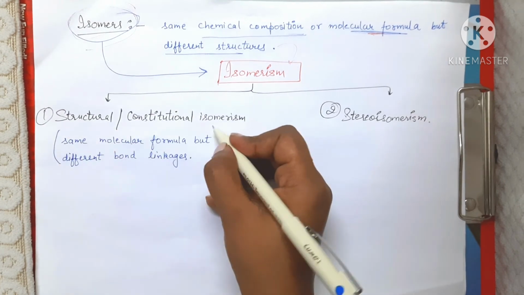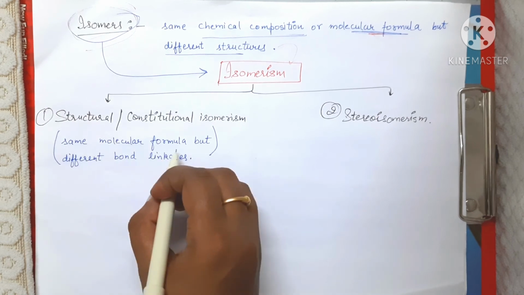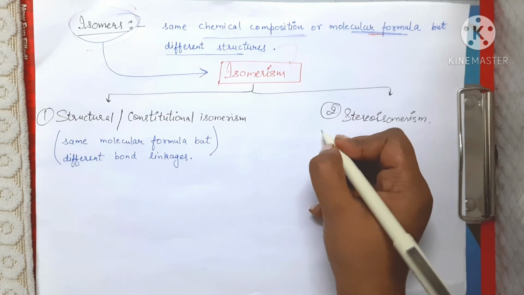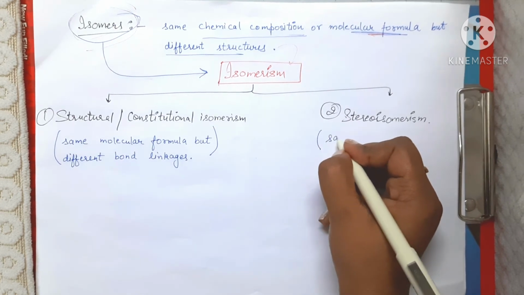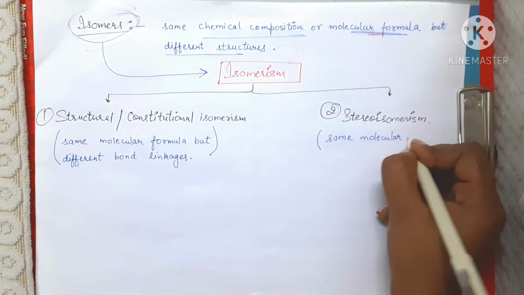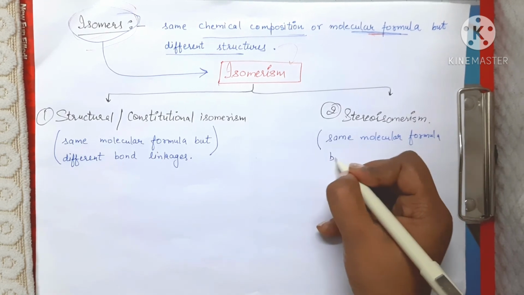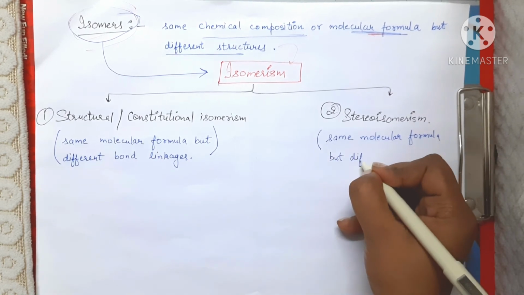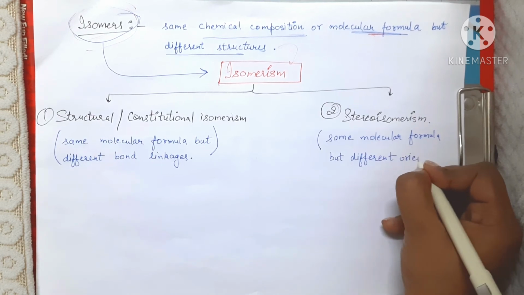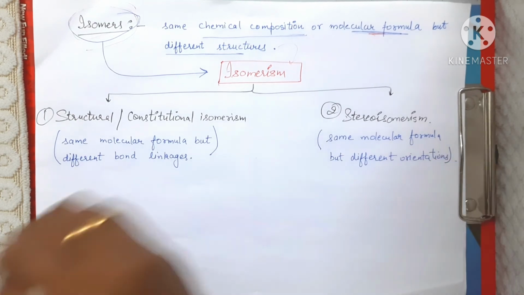That is, compounds have the same molecular formula but different bond linkages. And in stereoisomerism, compounds have the same molecular formula but different orientations of the groups attached, right?